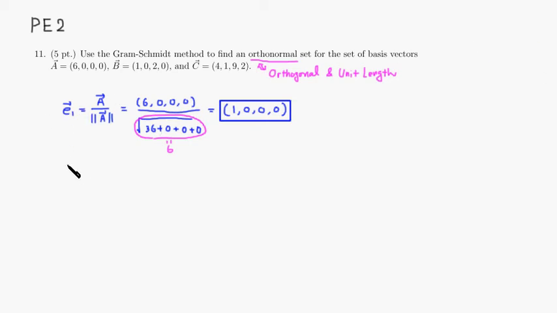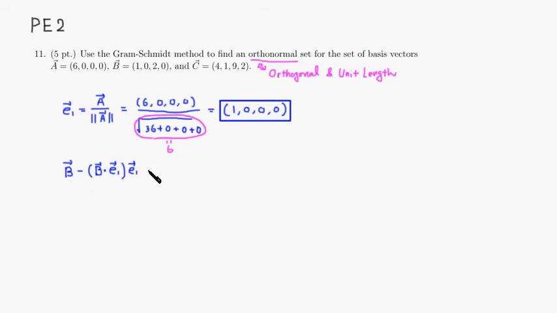So we start with vector B, then subtract the component of B in the direction of E1, which is the dot product of B with E1 multiplied by E1.